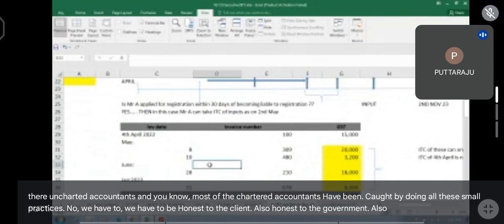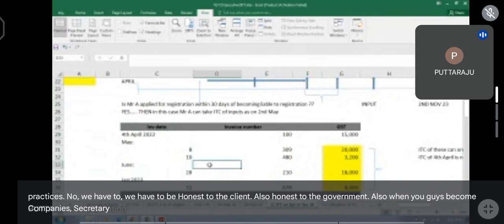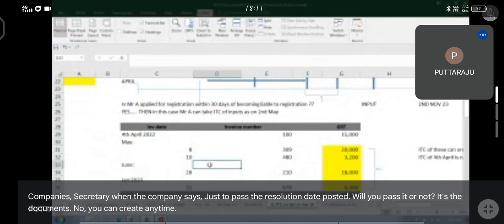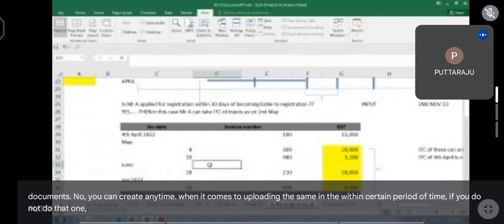When you become a company secretary, when the company asks you to pass the resolution post-dated, will you pass it or not? It's documents, you can create anytime. But when it comes to uploading within a certain period of time, even if you have done the post-dated ones, you will get caught.